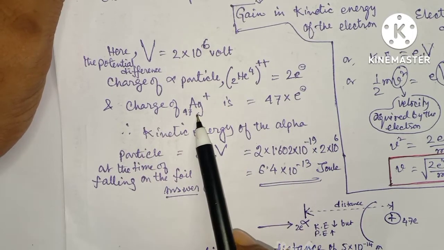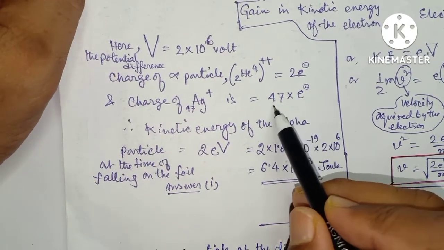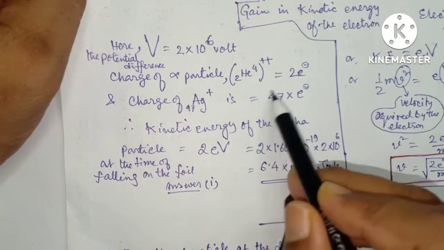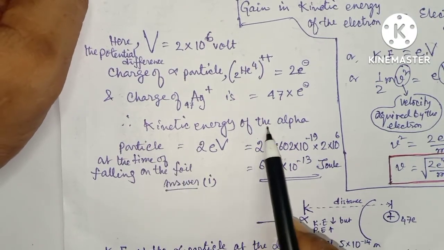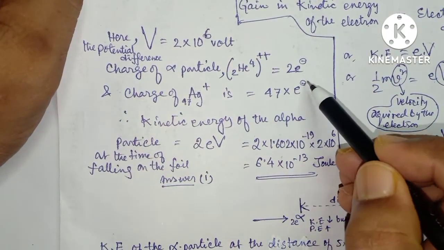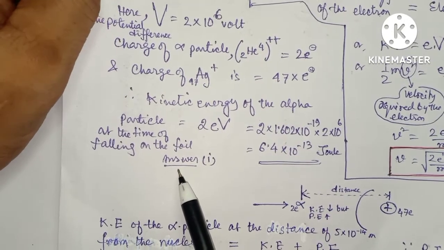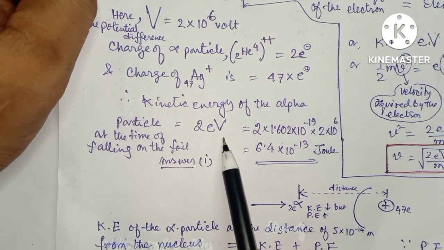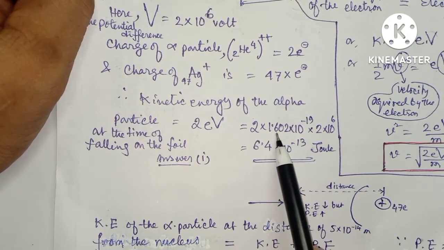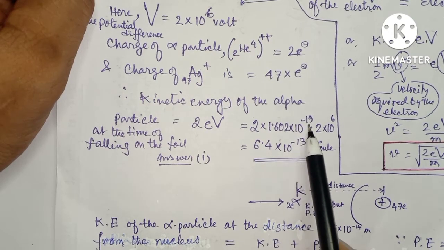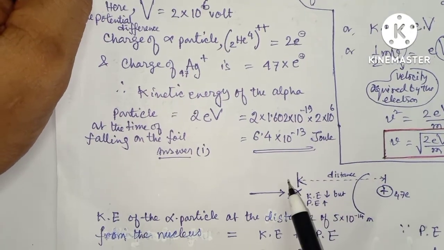The charge of silver is 47 into E, where 47 is its atomic number, that means proton number, each with charge E. Therefore the kinetic energy of the alpha particle at the time of falling on the foil is 2 eV, equal to 2 into the charge of the electron, 1.602 into 10 to the minus 19 coulomb, into the potential difference, 2 into 10 to the power 6.